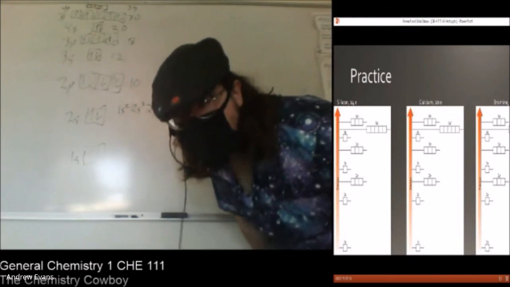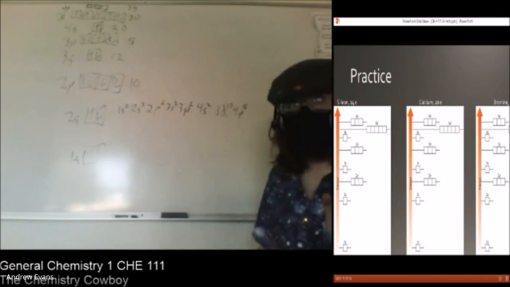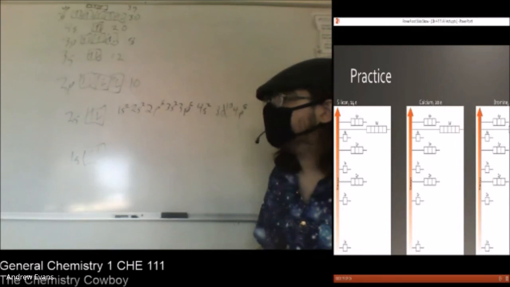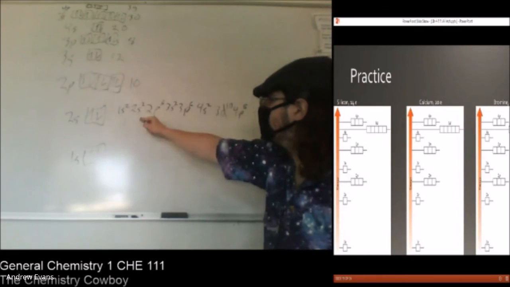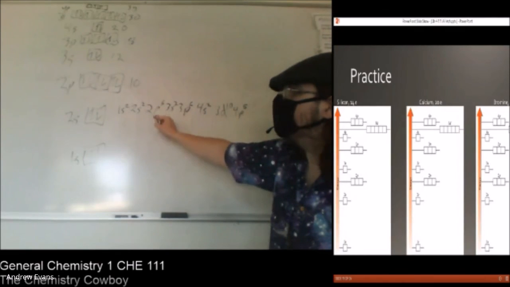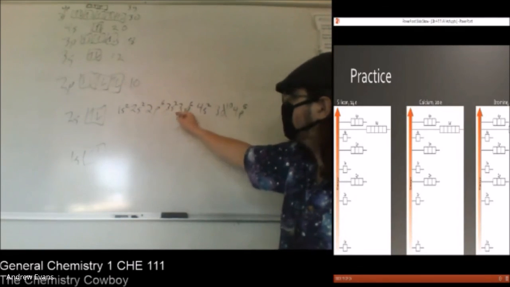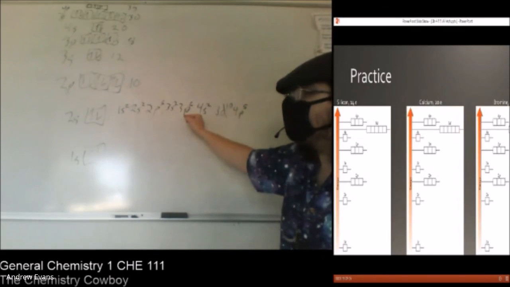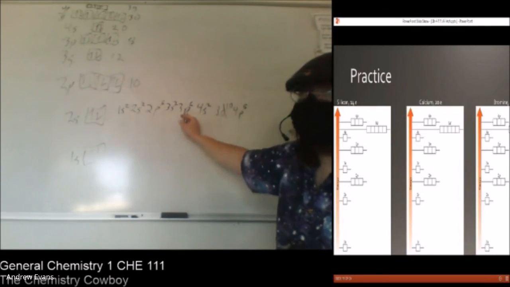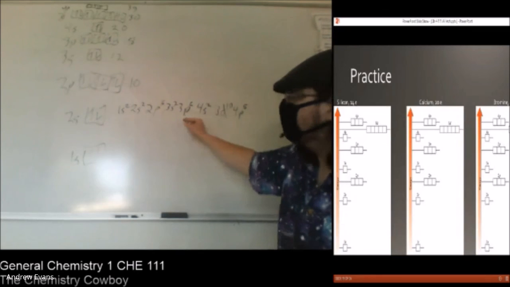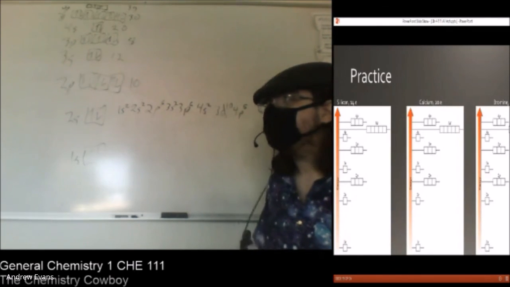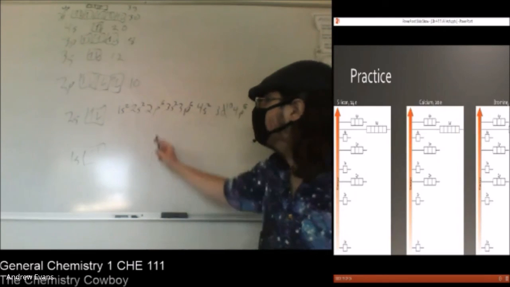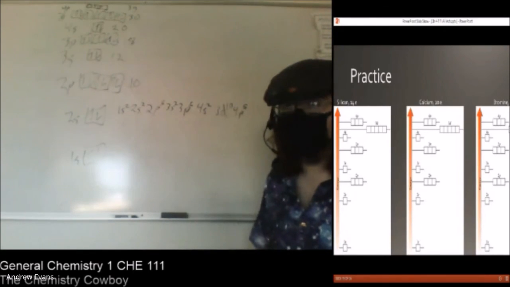I'm going to briefly ask you to recall chlorine from the last slide. Chlorine was 1s2, 2s2, 2p6, 3s2, 3p5. Chlorine was 3p5. Bromine is 4p5. Fluorine would be 2p5.